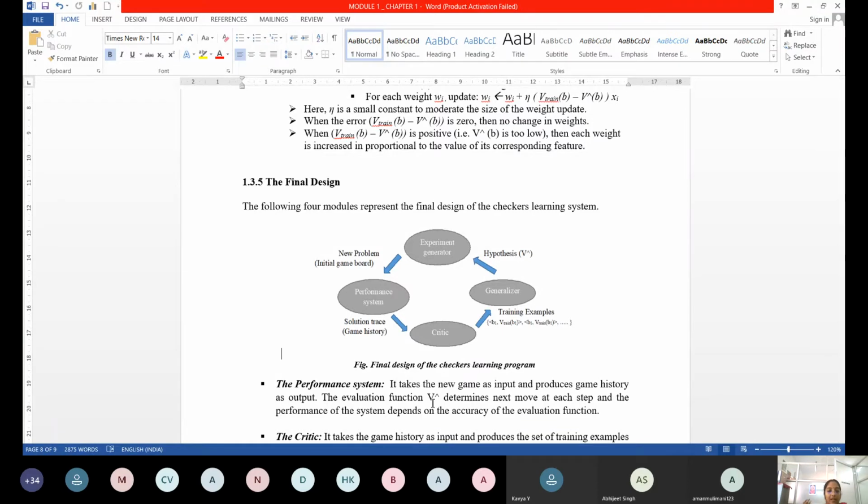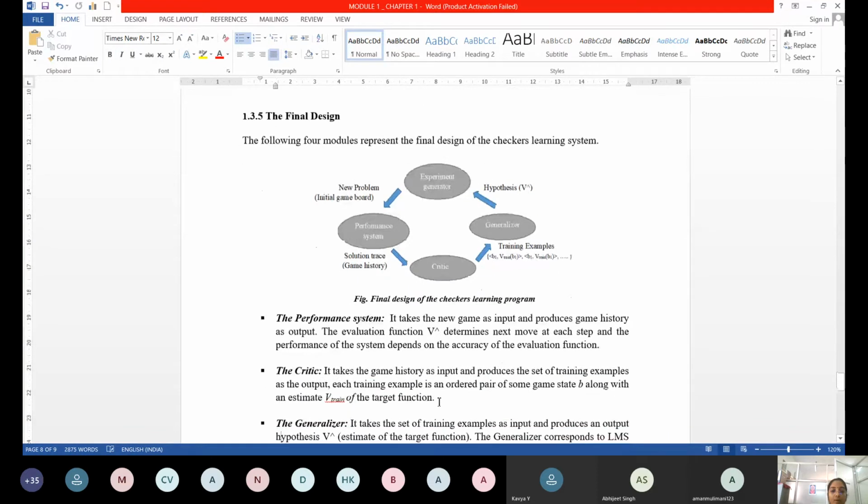And the value of V cap also determines the accuracy. I mean, the performance of the system also depends on the accuracy of the evaluation function. So here, the performance of the system depends on the value of V cap. I mean, the step that you have considered, which move.